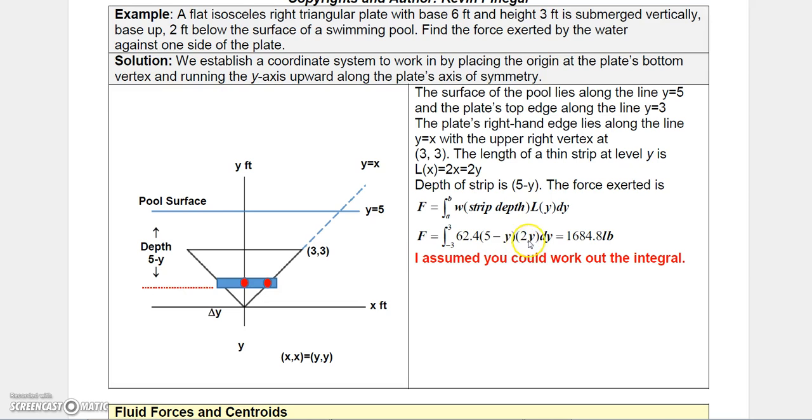Since we're going to integrate with respect to y, I don't want to use 2x, I want to use 2y.